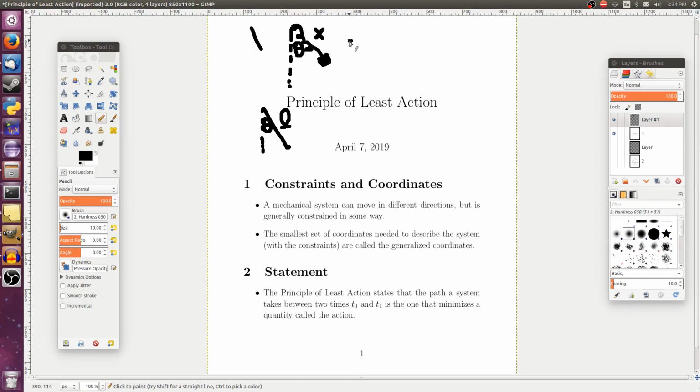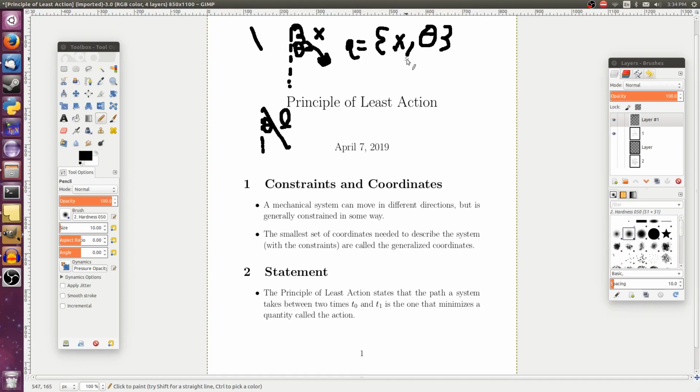So our set of coordinates, which we'll just call q, is going to be x, how much it can stretch and compress, and the angle theta. If we use these generalized coordinates, it's going to simplify our problem a lot.